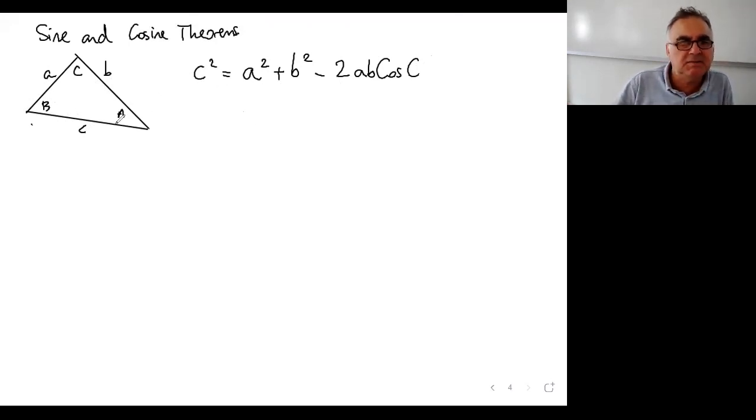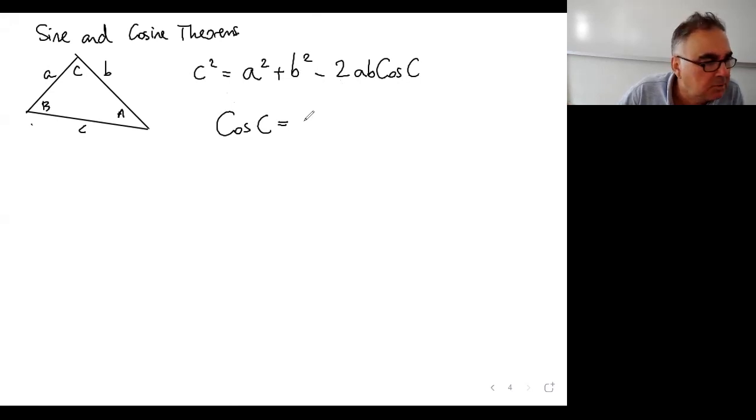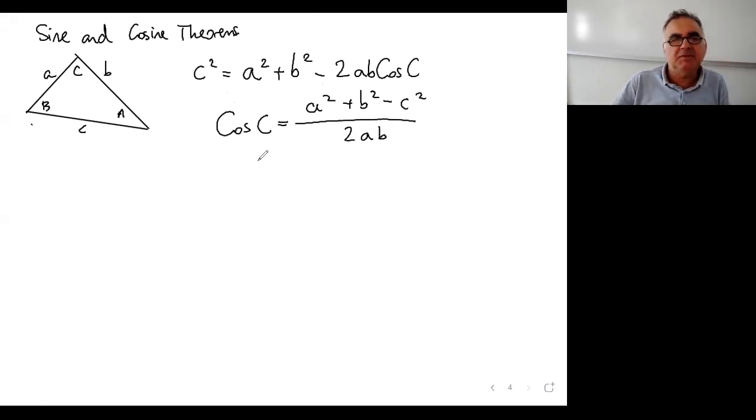So the length squared is equal to a squared plus b squared minus 2ab cosine C. Or you can find, for example, the angle from here as cosine C will be equal to something like this.